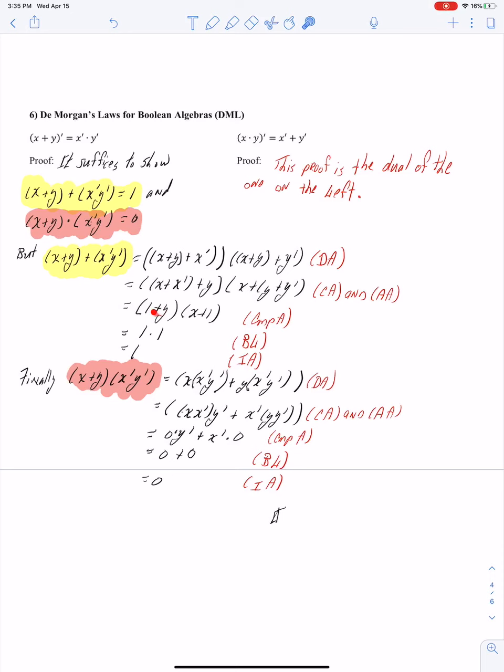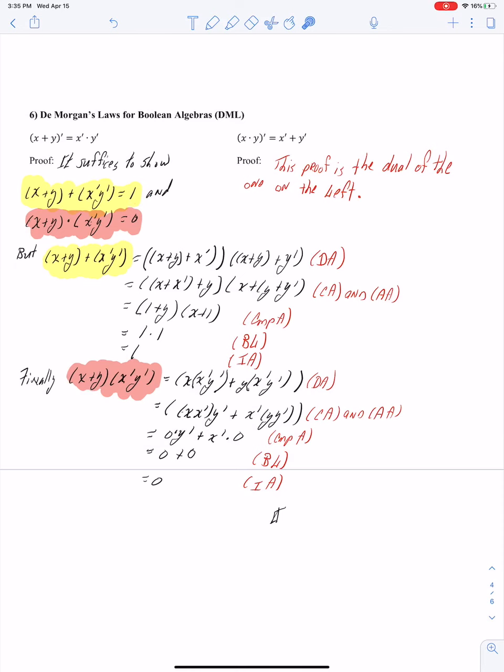So 1 add y is 1, 1 add x is 1. So the bound law says that's just 1 times 1. But now 1 times anything is that thing back. So the identity axiom tells me that 1 dot 1 is just 1. And I'm finished. I started with this side and I ended with 1.